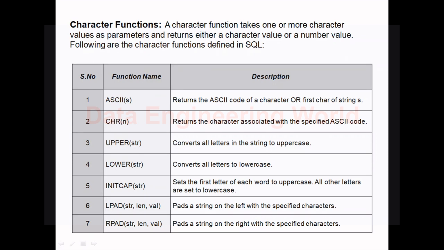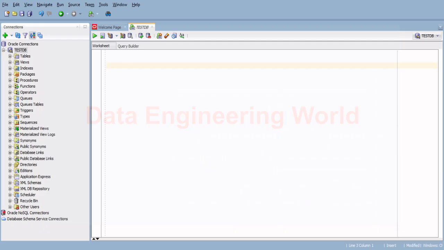The next character function in the list is initCap. This also takes an input parameter as a string and sets the first letter of each word to uppercase and all other letters to lowercase. Let's go ahead and test this function also.